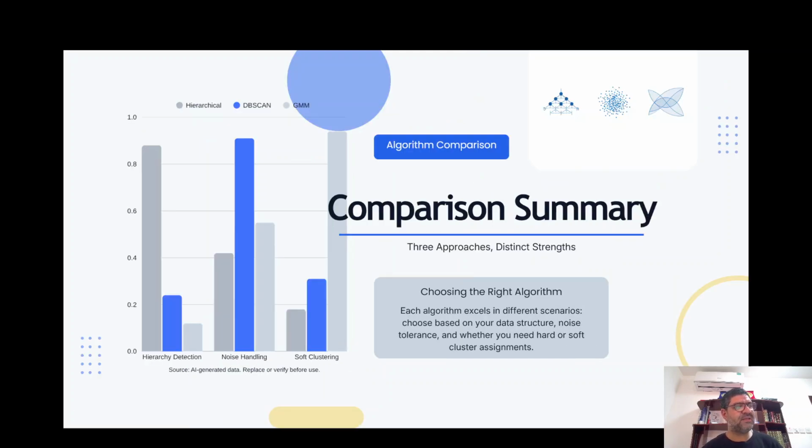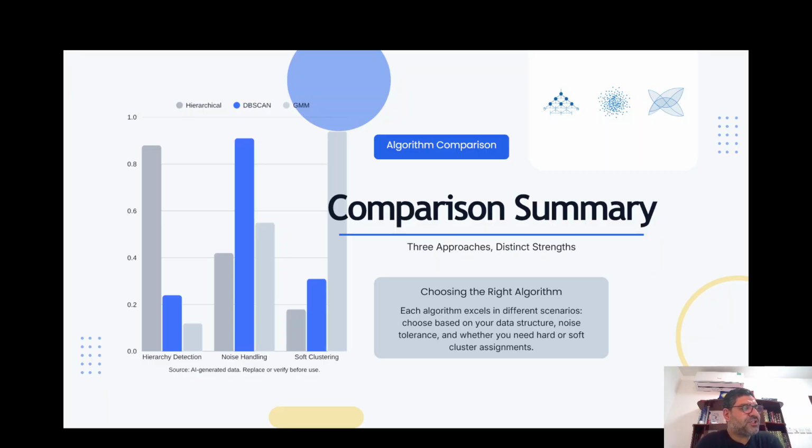And then in fact the comparison, choosing the right algorithm. Each algorithm excels in different scenarios. Choose based on your data structure, noise tolerance, and whether you need a hard or a soft clustering assignment. So when we are comparing, for example, hierarchical, DBSCAN, or the GMM, we need to understand which one is appropriate.